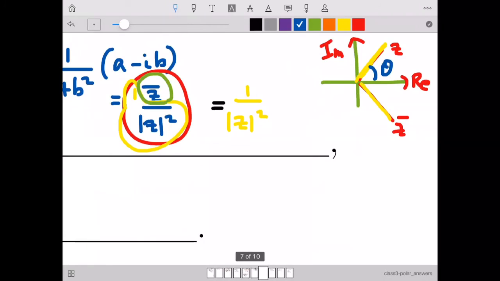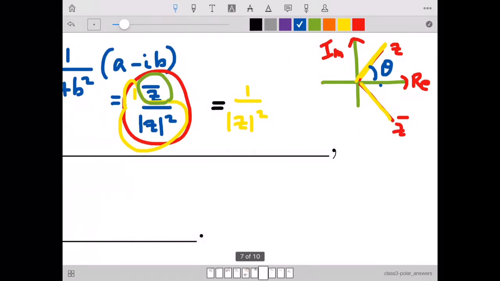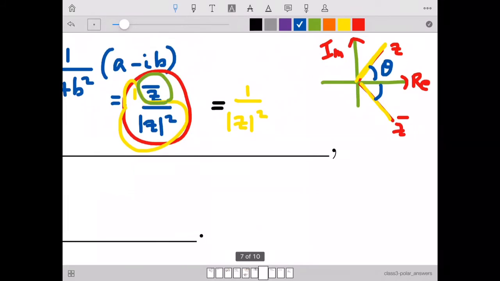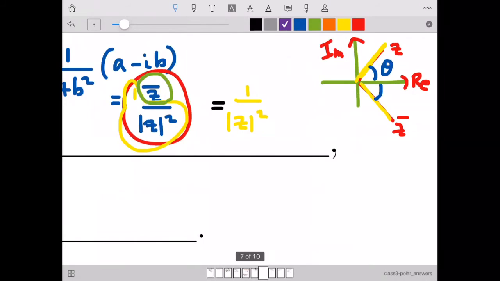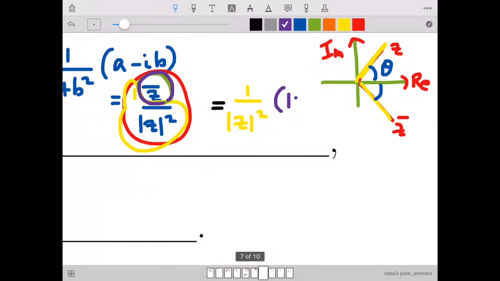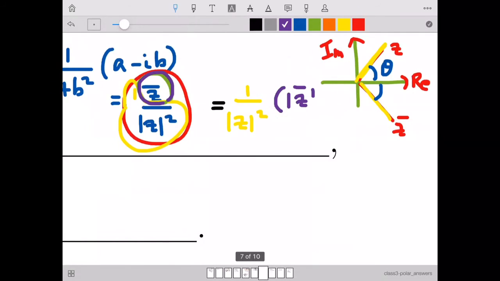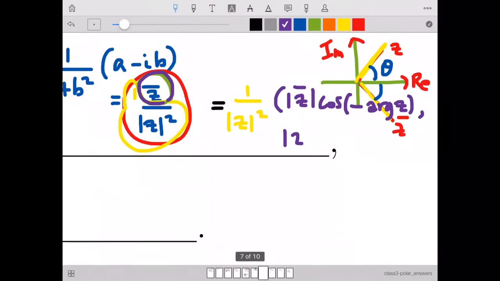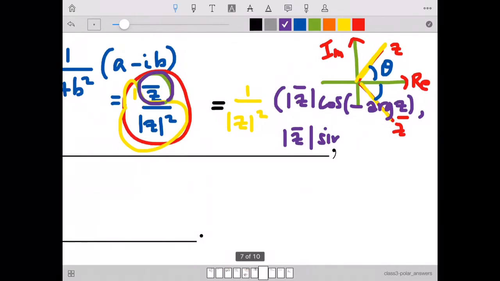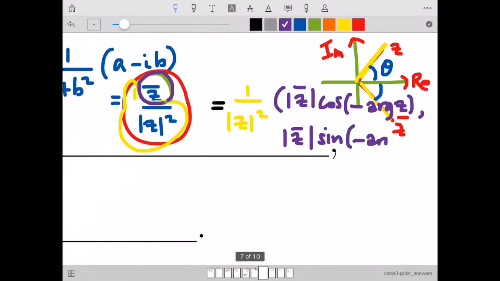If this is an argument of z, then that is an argument of z bar. So z bar has polar representation as absolute value z bar times (cosine of minus arg of z, comma, sine of minus arg of z).